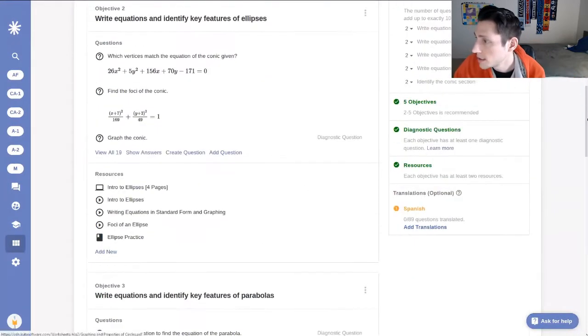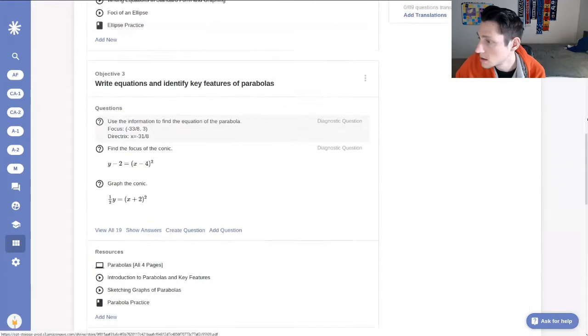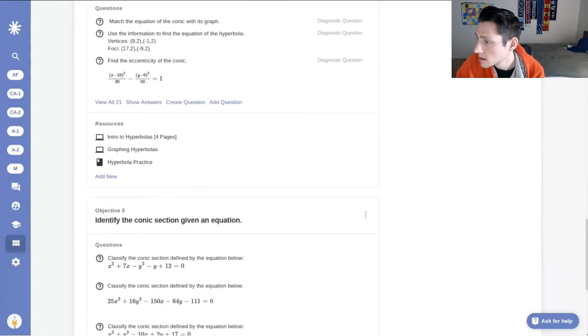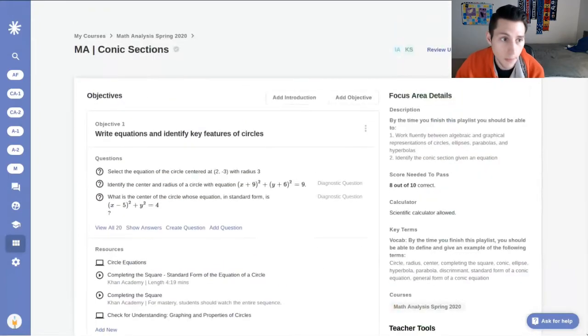On each of these, for ellipses, you can see down here there's ellipse practice. For parabolas, the last resort is parabola practice. Hyperbolas, hyperbola practice.